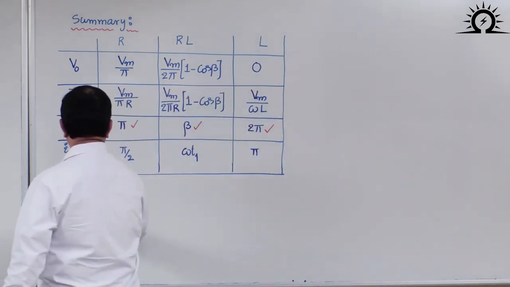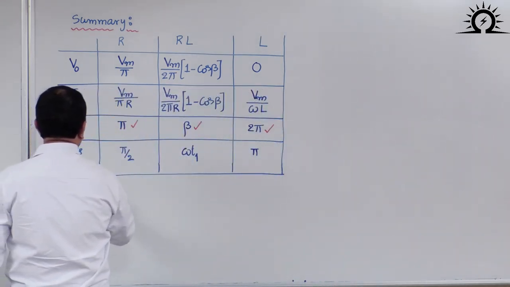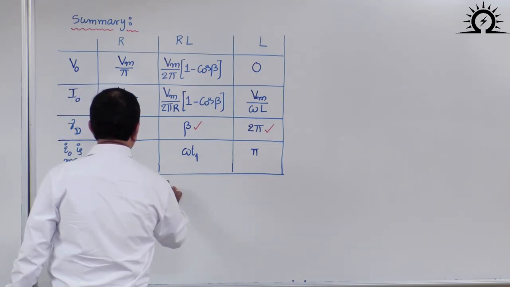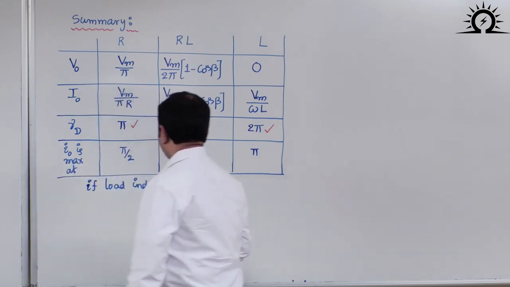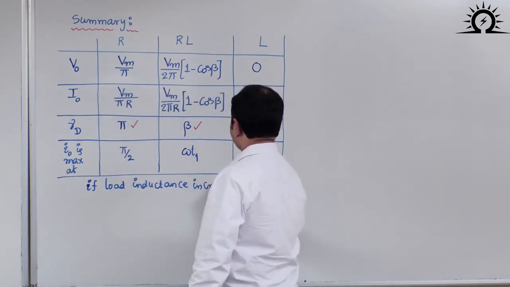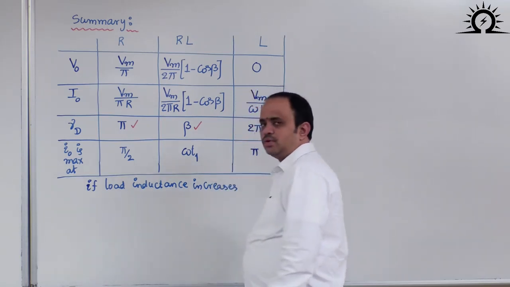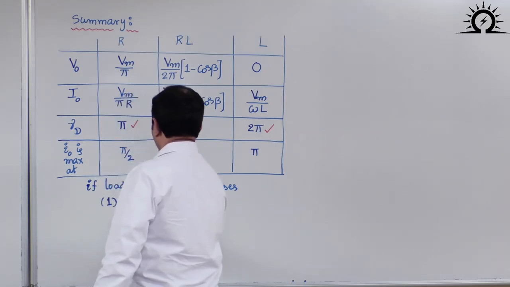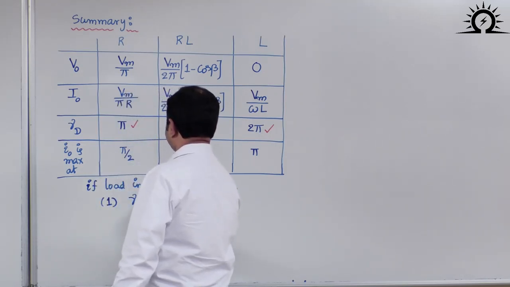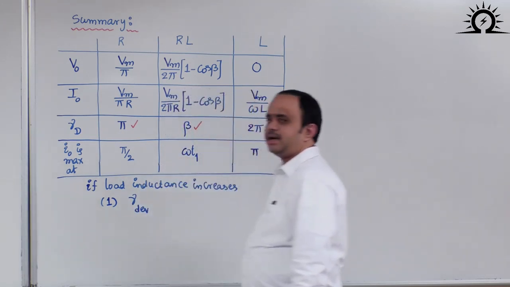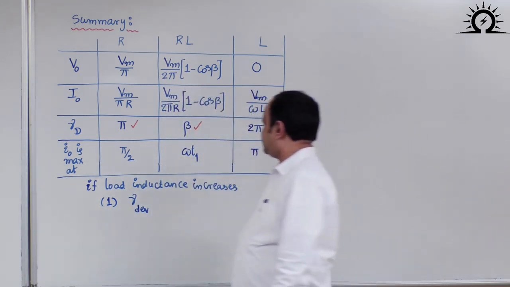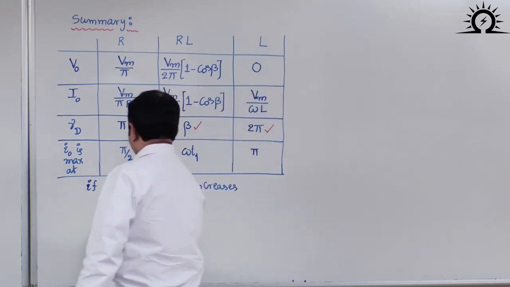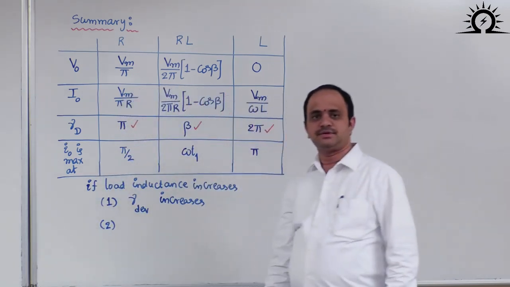Therefore, what we can say here is, if load inductance increases, the first observation is that the conduction angle gamma for the device increases.